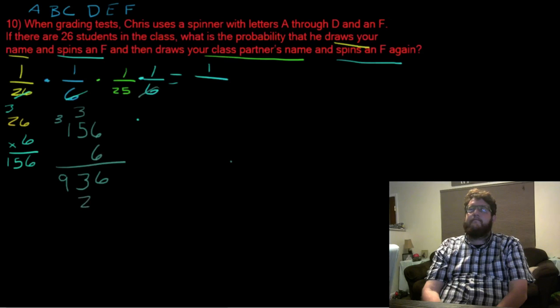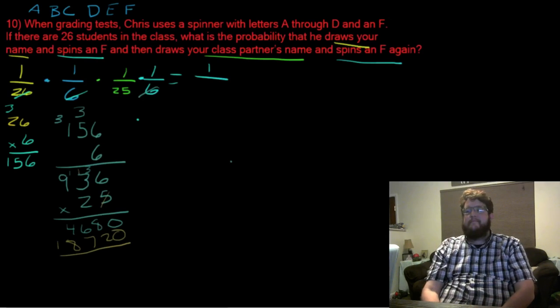Now I'm going to multiply this huge number by 25. 5 times 6 is 30. 5 times 3 is 15, plus 3 more is 18. 5 times 9 is 45, plus 1 more is 46. 2 times 6 is 12. 2 times 3 is 6, plus 1 more is 7. And 2 times 9 is 18.